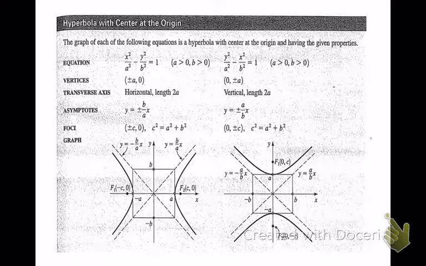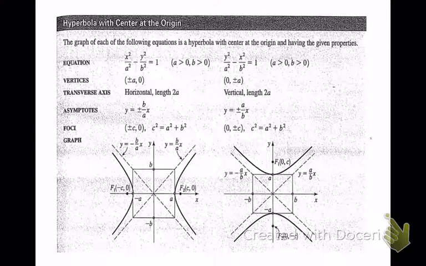The foci are positive, negative c,0, and for the one on the vertical axis, it's 0, positive, negative c.